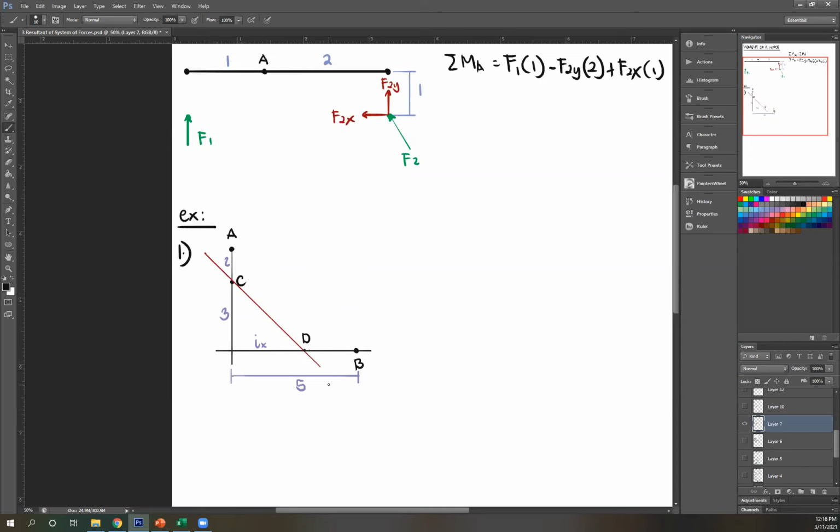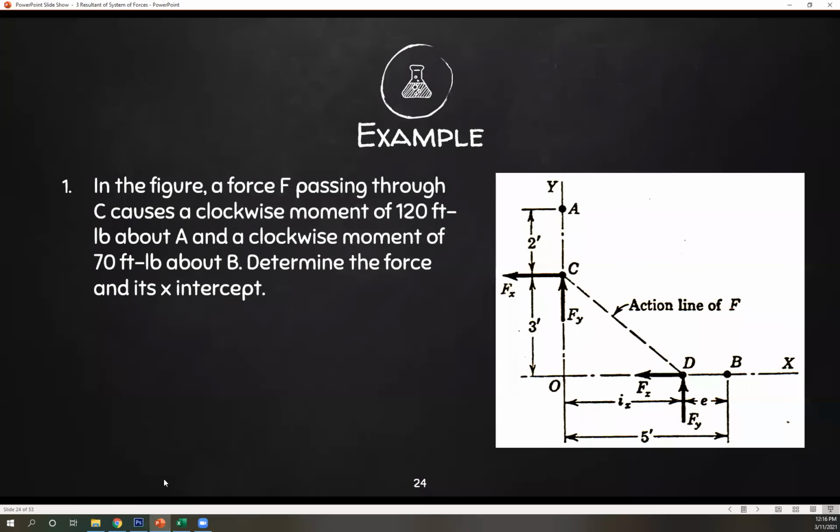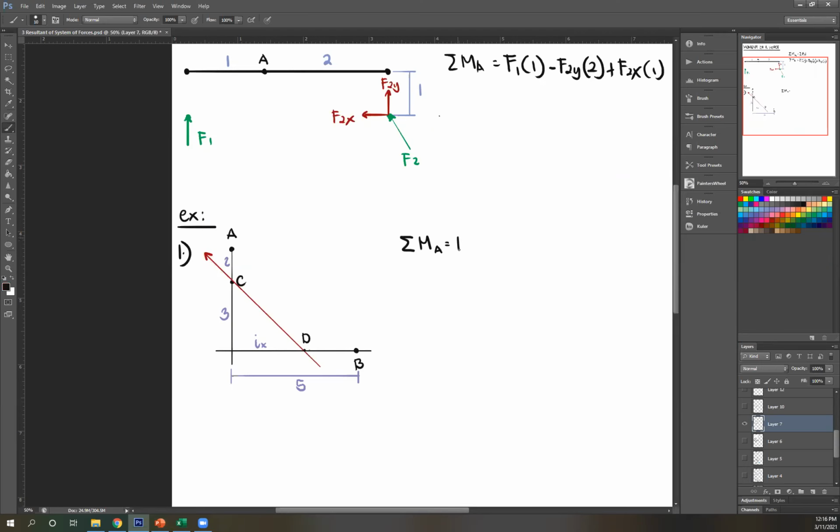So this is incorrect. Therefore, the correct orientation would be this. And upon checking, rotate it about A, it's clockwise. So correct. So we have given summation of moment about A is 120 foot-pound.